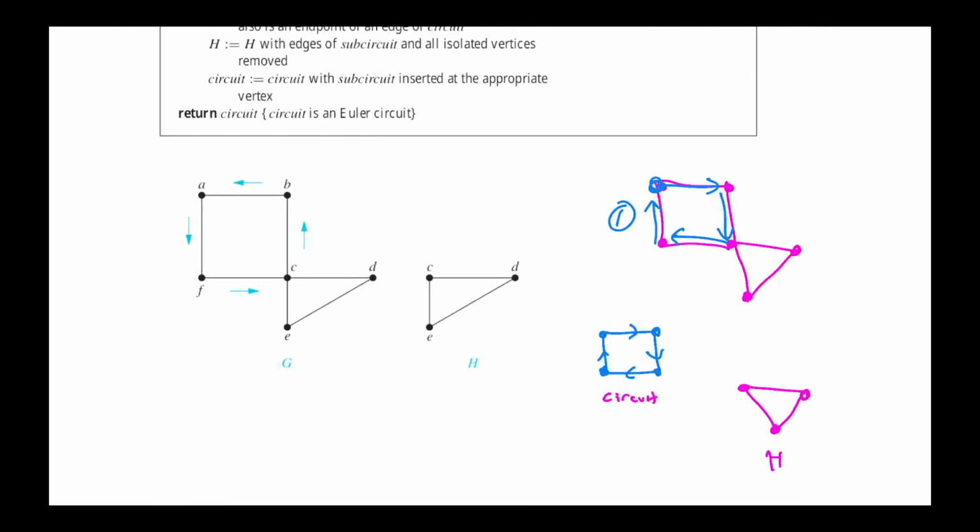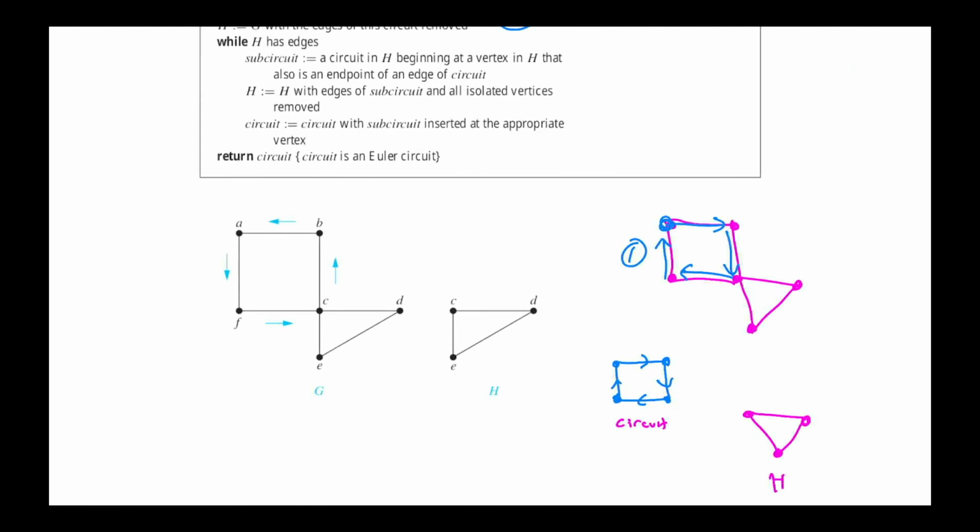We're going to go over this in detail later, but you find a subcircuit. So you're going to find a circuit in this little piece, right? We took this part away. This was a circuit. Now we're going to find a circuit here. And we're going to start at a vertex in H that is also an endpoint of an edge in the circuit.